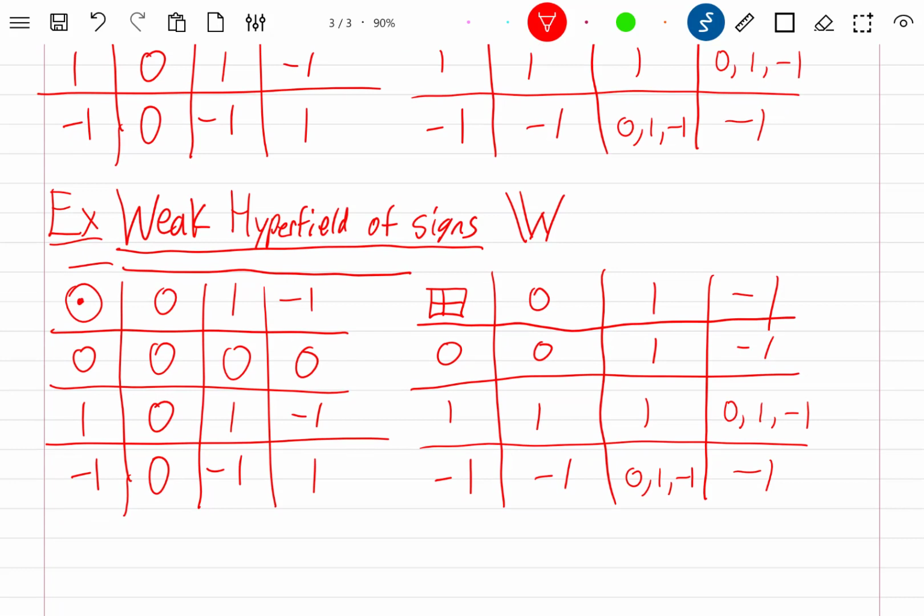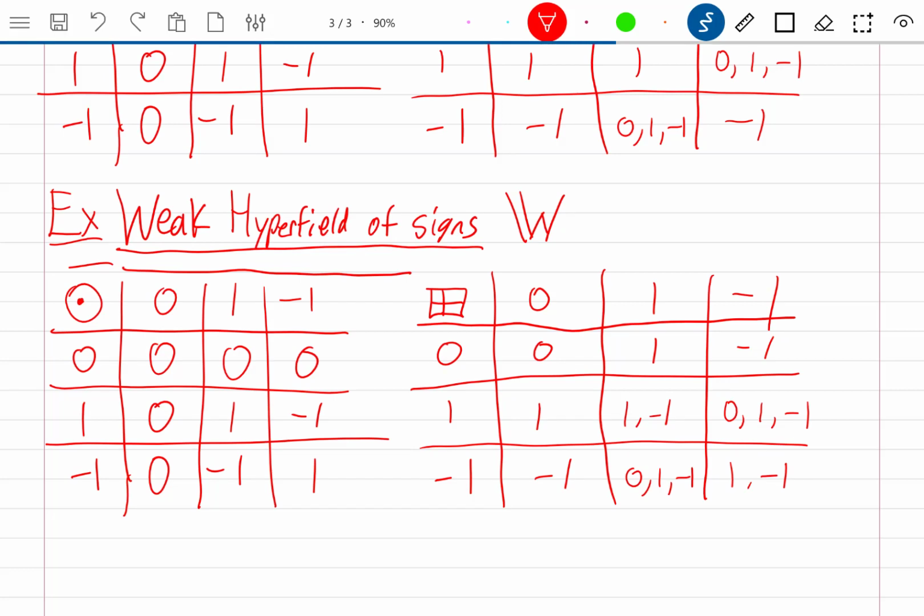However, we make one small difference in that 1 plus 1 is now 1 and negative 1, and similarly, negative 1 plus negative 1 is also 1 and negative 1. And so that is the weak hyperfield of signs.